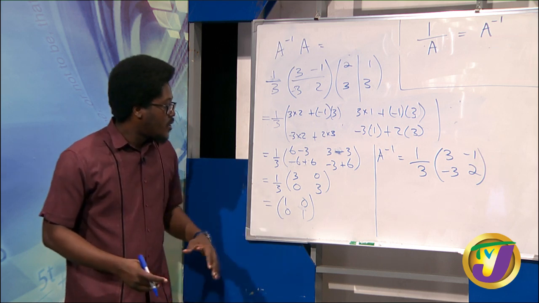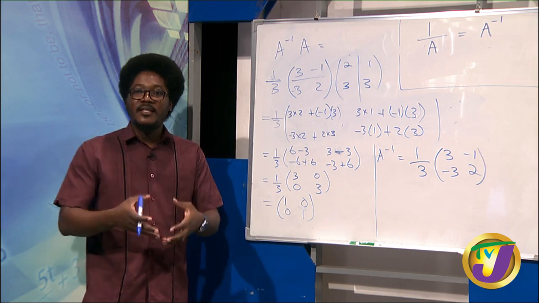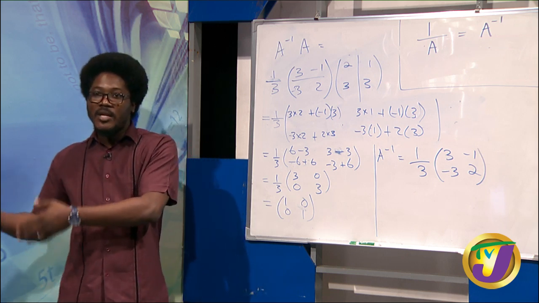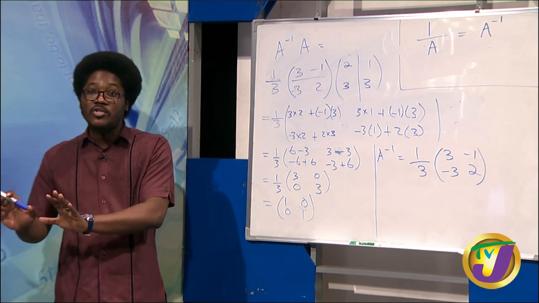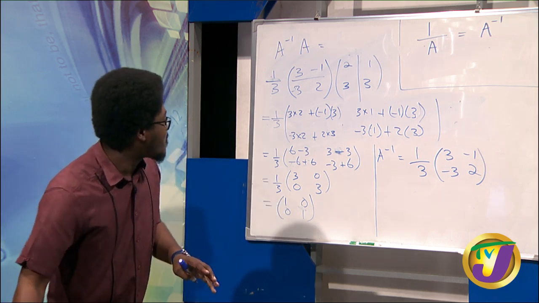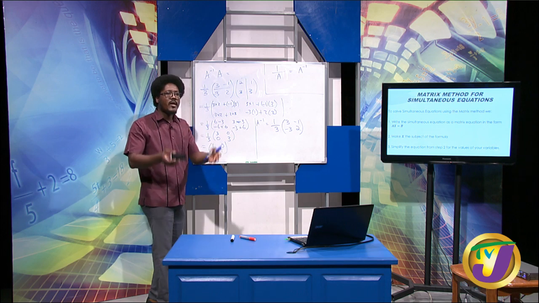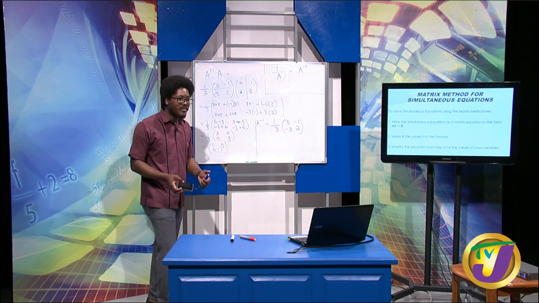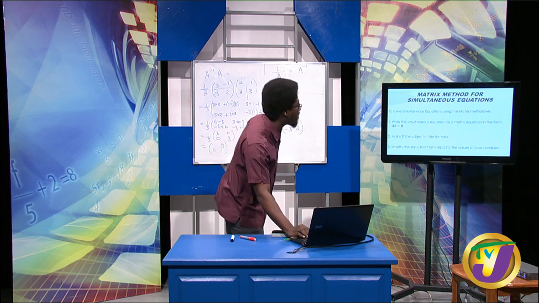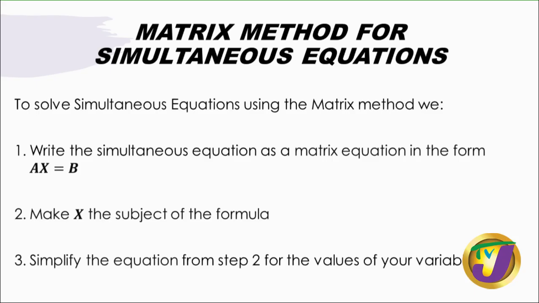All right, so remember, the identity matrix is the matrix that when multiplied by any other compatible matrix, returns the matrix. All right, so all of these things were necessary now for us to go ahead and continue solving our problems. Okay, so we are now at the step that we're going to make x the subject of the formula.